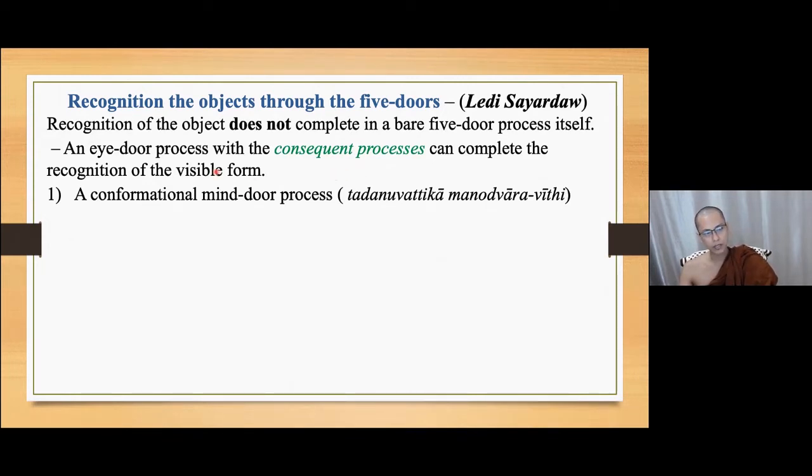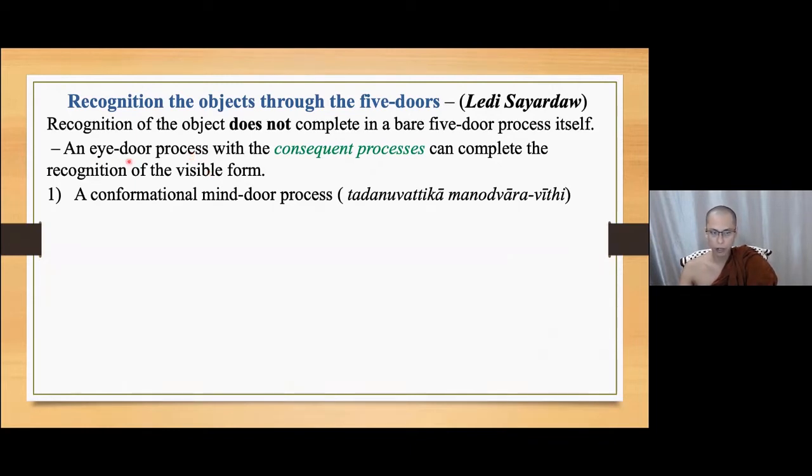So the eye-door process takes the present visible form. But at the moment of the mind-door process, which follows the eye-door process, the object has already gone, disappeared already. So the mind-door process takes the same visible form, but it is the past visible form.